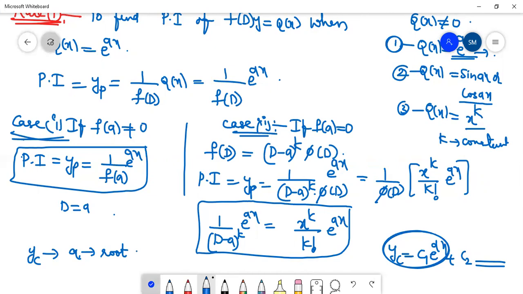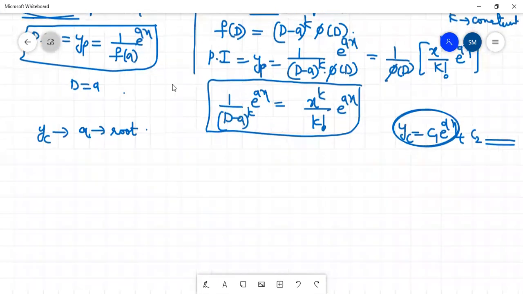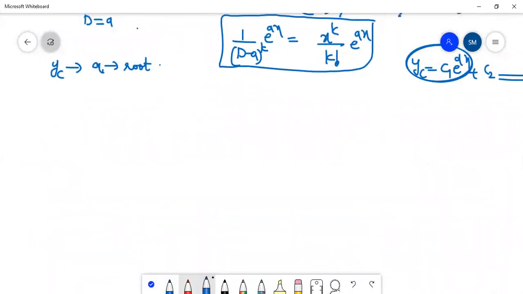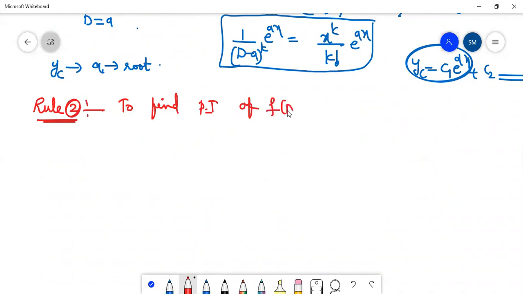And next, the second rule, rule 2. To find the particular integral of f of D into y equals q of x when q of x is equal to either sine ax or cos ax.